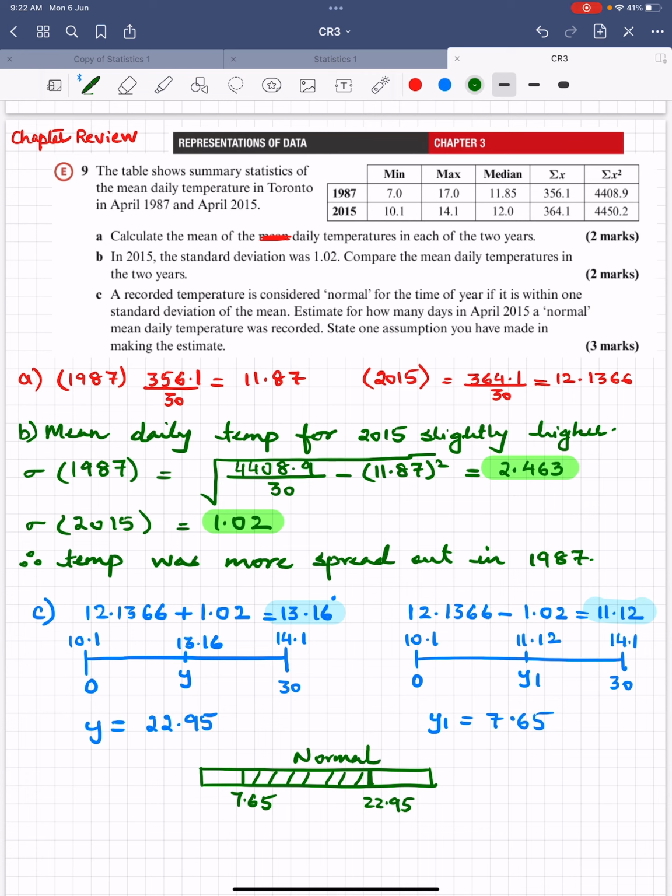Okay, so we can find out the number of days with the normal temperature by subtracting from 22.95 7.65. So 22.95 minus 7.65, and that gives us 15.3. Therefore, we call it 15 days to the nearest day. And this is the time duration for which the temperature is normal.